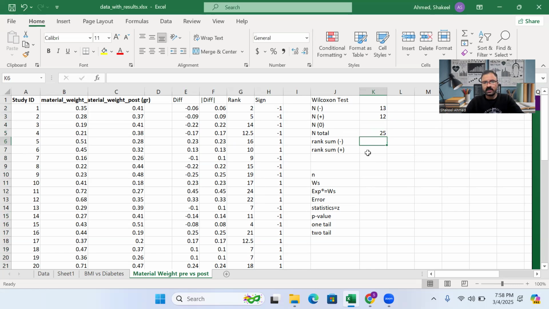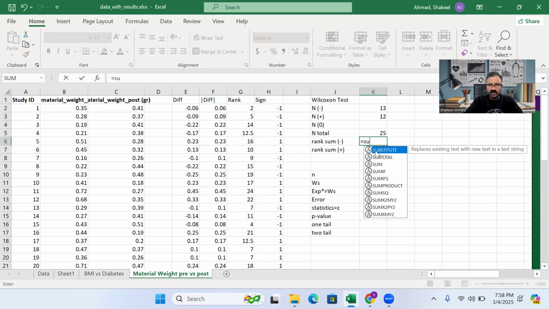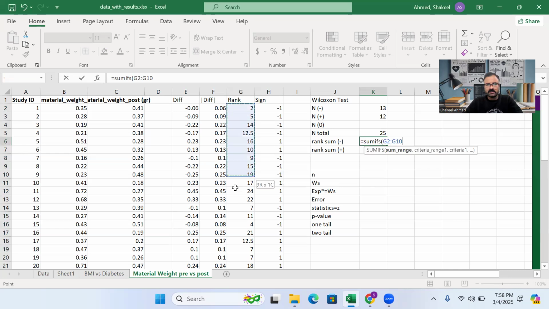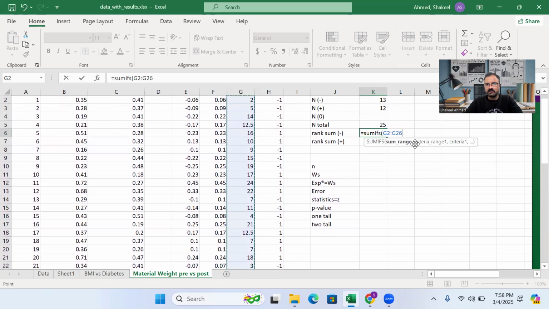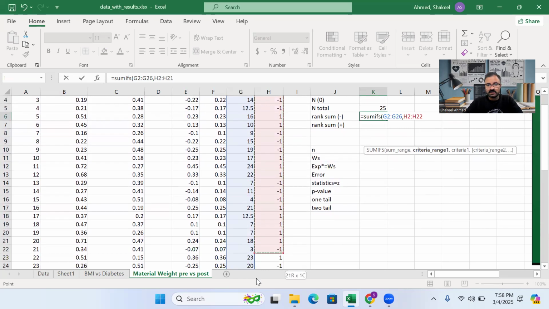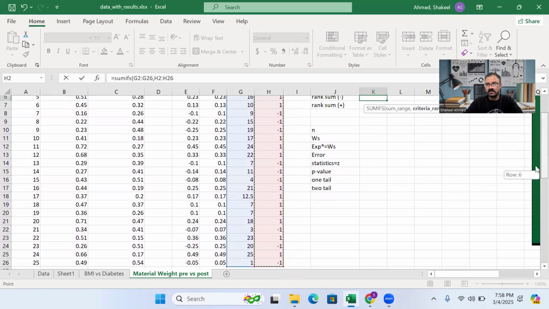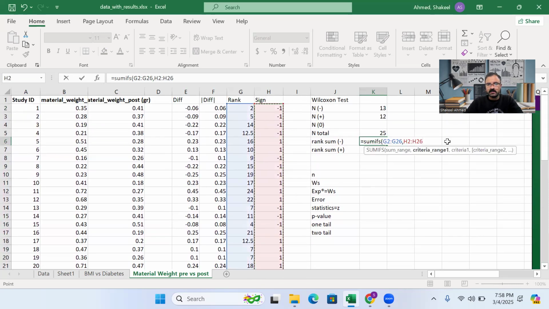And now we need to find the sum of positive ranks and sum of negative ranks. So we can just define using SUMIF command, or you can use SUMIFS command. It's up to you. You can use both. Then select the range in which you are applying the sum, and then criteria range, that is we are categorizing based on the signs. We are finding this rank sum for the positive signs and corresponding to the negative signs.